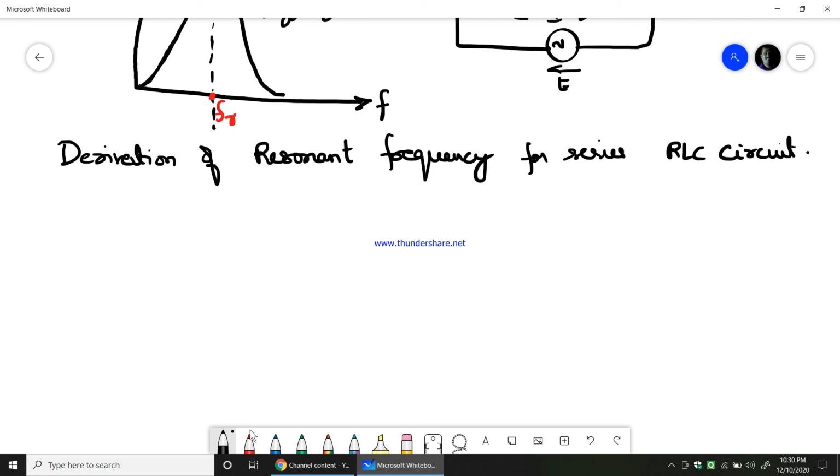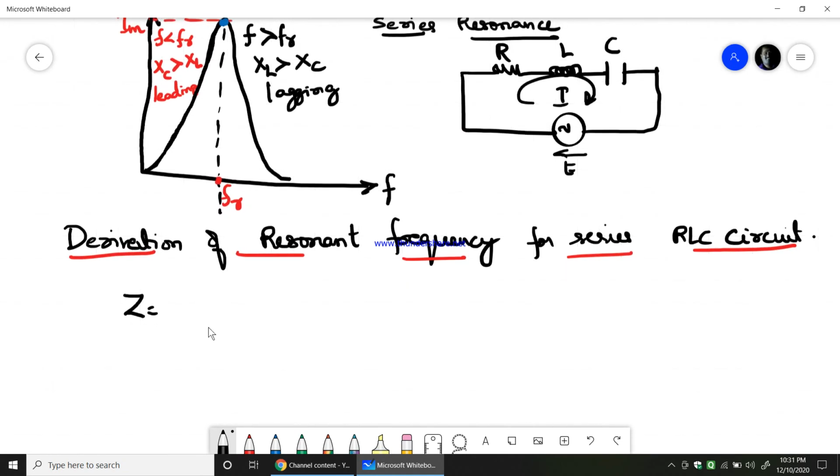As I said, in a series circuit the total impedance is R plus jXL minus jXC.